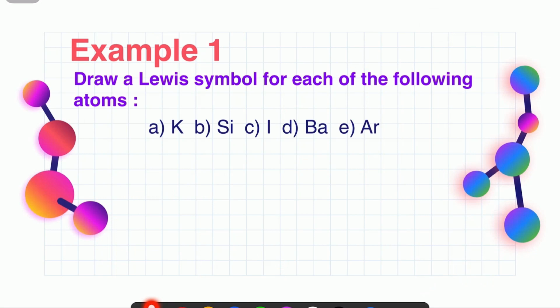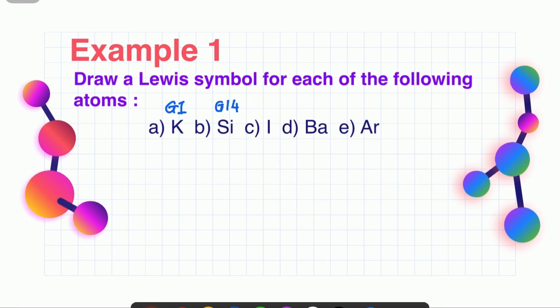let's see example 1. I give you 5 elements. Potassium is in group 1, and silicon is in group 14.